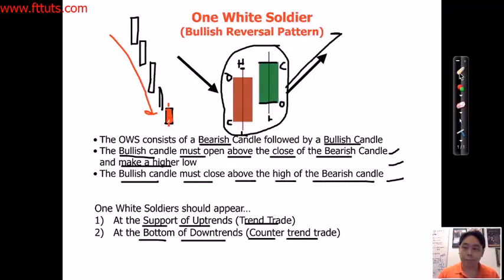Okay, now what happens the next day? The next day, the price opens here. It opens above the close of this candle. So what it means is that all those people who shorted on this day, right? They're shorting, they're hoping the price will go down.